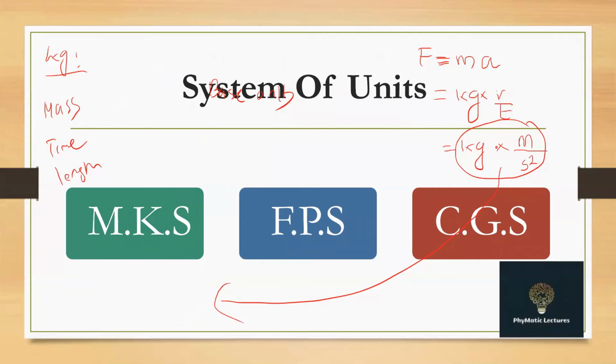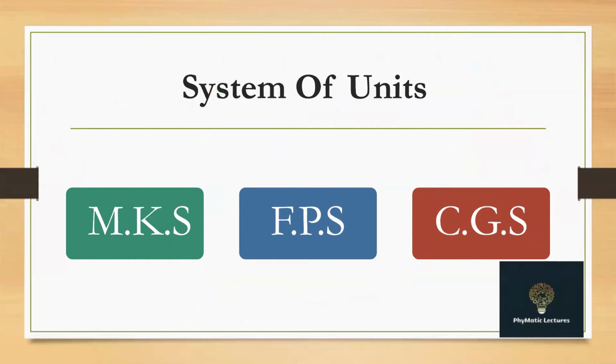Now, system of units is basically classified into 4 categories, in which the first 3 categories are: one is MKS system, one is FPS system, and one is CGS system. So what is basically the MKS system?